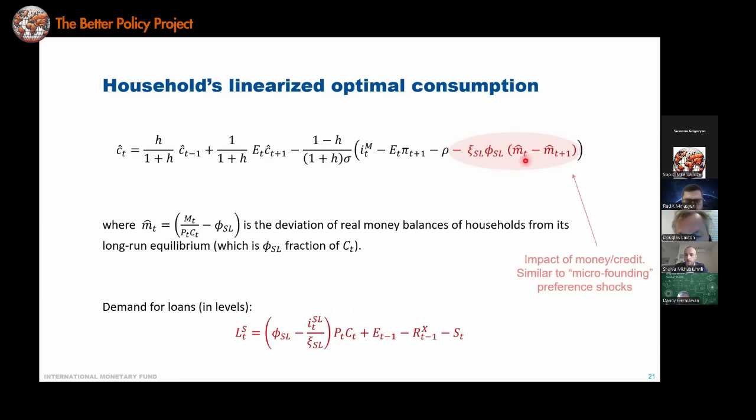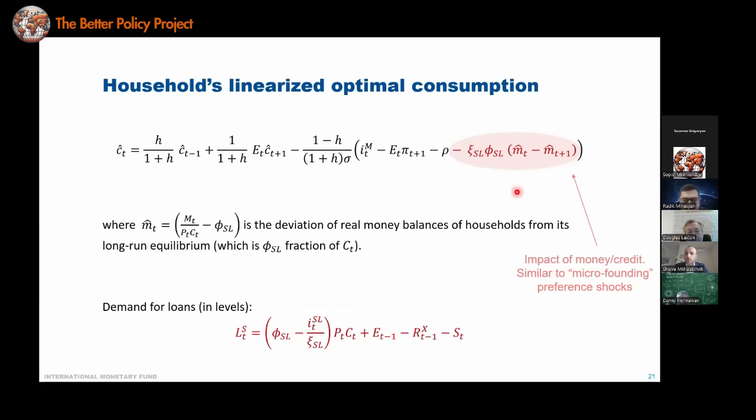And the reason why we have this M_t and then M_{t-1}, it's essentially how preference shocks enter the standard DSGE equations. In preference shocks, what we have is essentially the preference shock in t minus the preference shock in t plus 1. But we have the same structure here, which shows that we somehow micro-found these preference shocks.